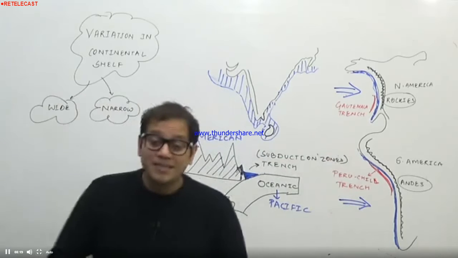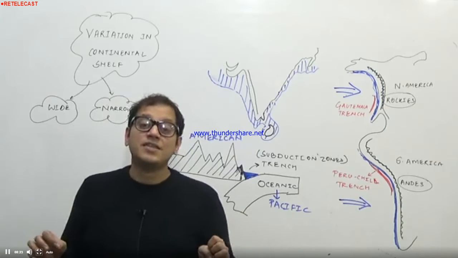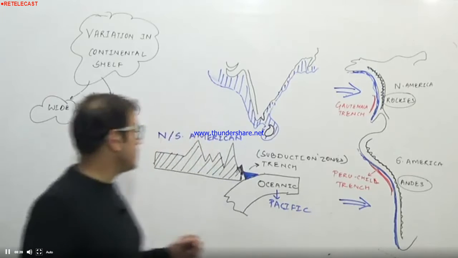Its example is therefore very narrow continental shelf along the western side of North and South Americas where Rockies and Andes mountains are there.